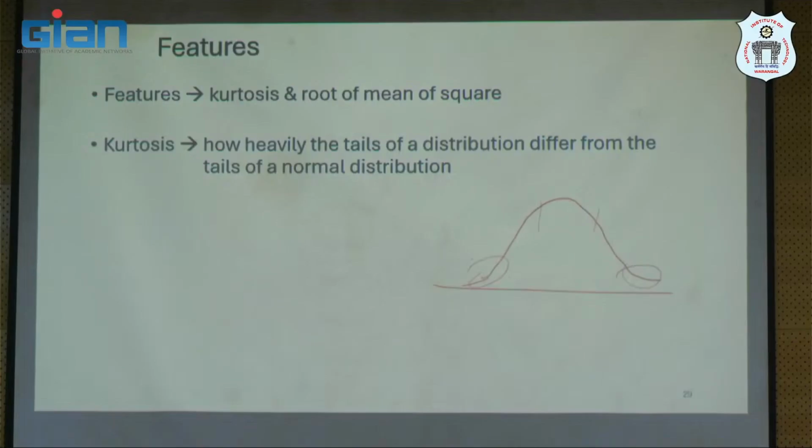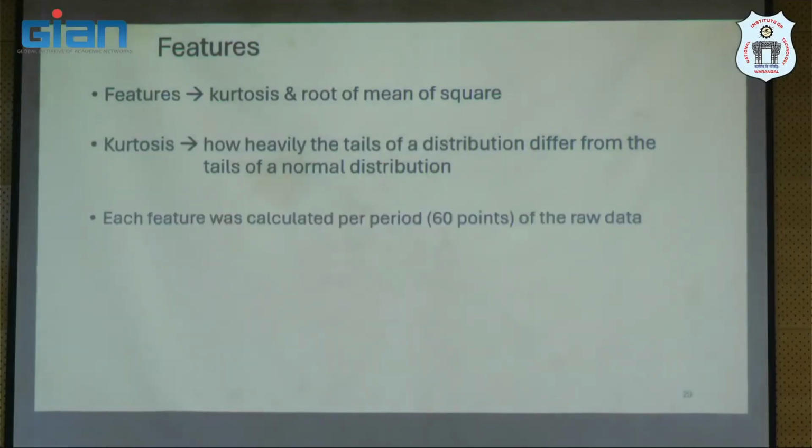How heavily the tails of your data distribution differ from the tails of a normal distribution is what we call kurtosis. If you don't understand this, don't bother too much, because ultimately you will be using an equation to solve for kurtosis. But just to give you perspective, if you have a distribution of your data set, compare it with a normal distribution: how heavily weighted are the tail points of your data.